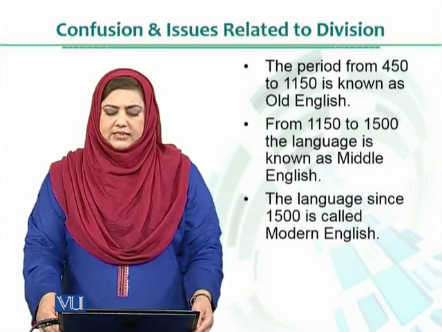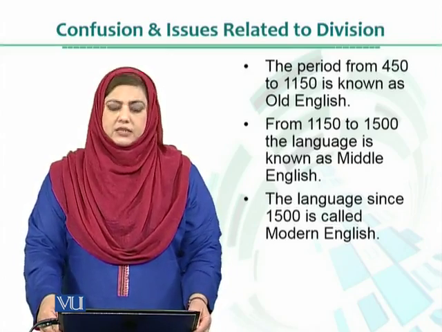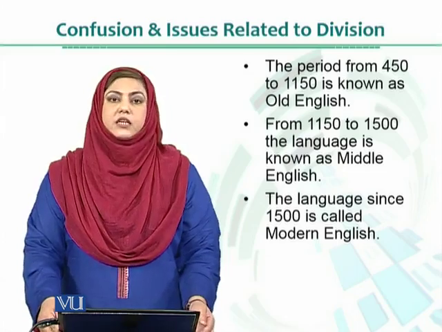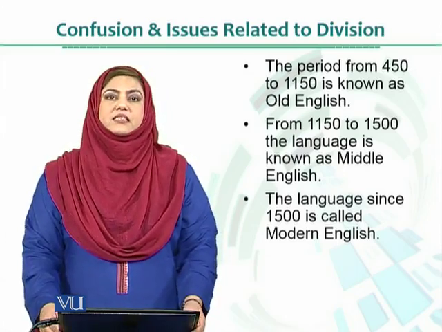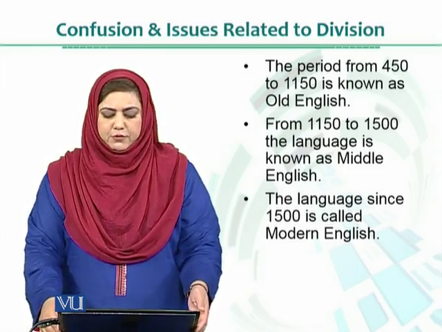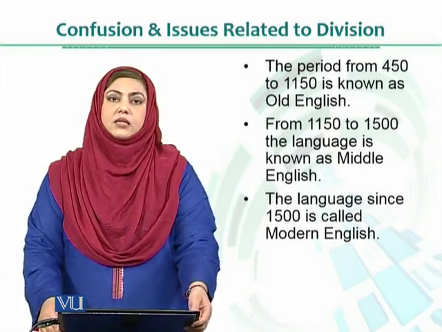So Baugh also says that from 450 to 1150 makes the Old English period. From 1150 to 1500 is the period that is generally called the Middle English period, whereas the language since 1500 is called Modern English.